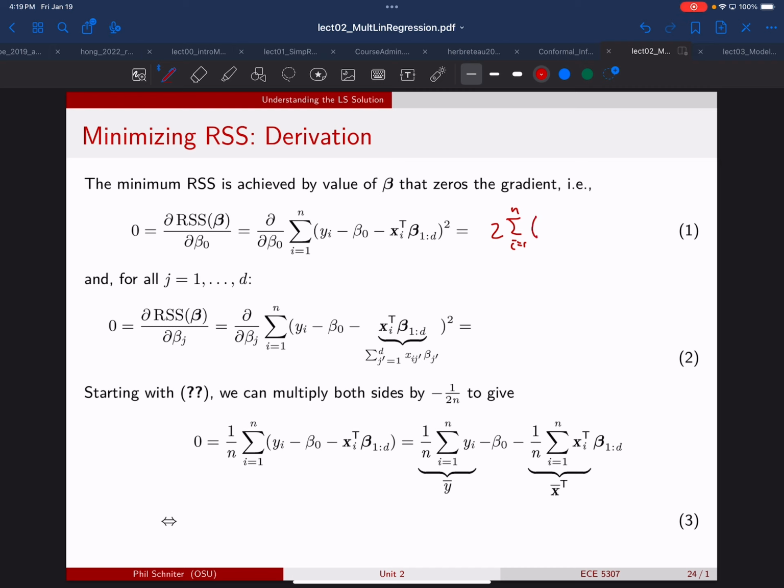So we're going to have yi minus beta 0, this is the term inside the parentheses, minus xi transpose beta 1 through d, all of that. And then finally, we have to take the gradient of what's inside the parentheses with respect to beta 0.